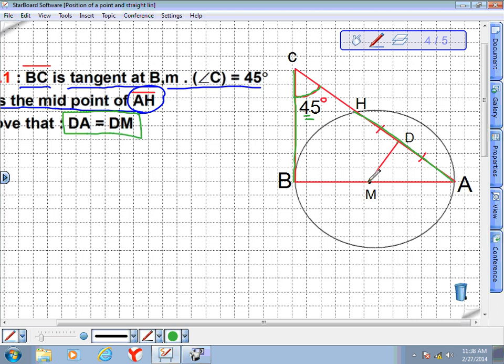That means MD bisects AH at the point D. The required to prove that DA equals DM. How to prove that, we will see now. The first step in the proof.